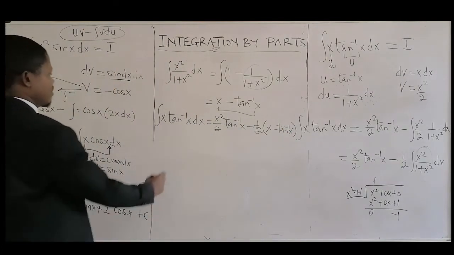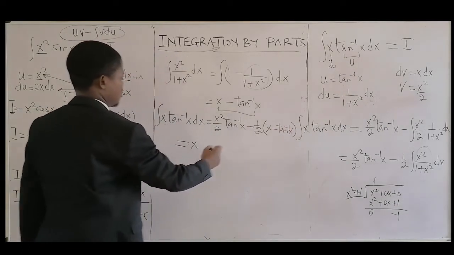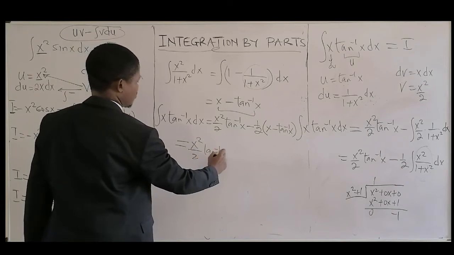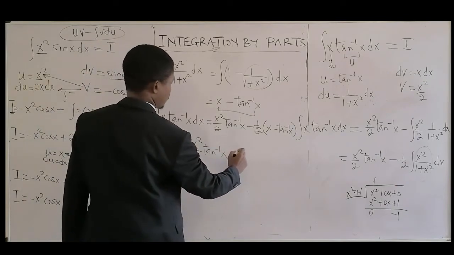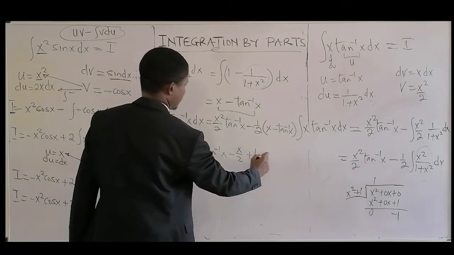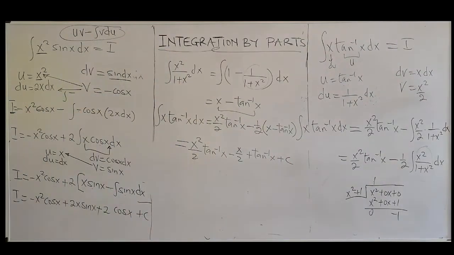Then you can expand, and we put plus c there. If you expand, you have x^2 over 2 arctan x minus x over 2 plus arctan x over 2 plus c. So that's that.